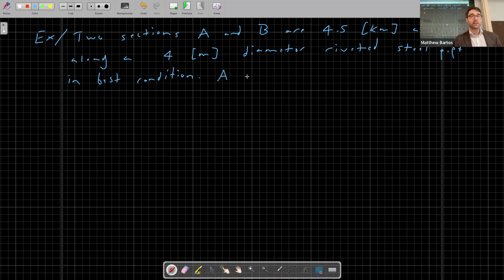So point A is 100 meters higher than point B.